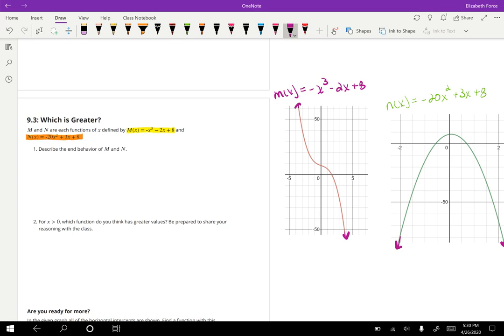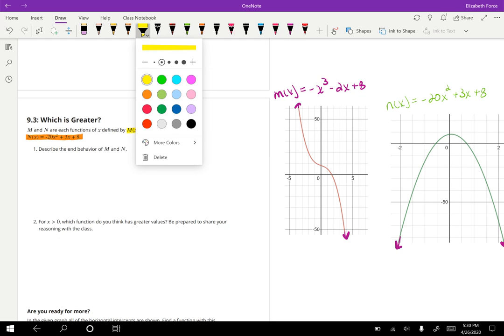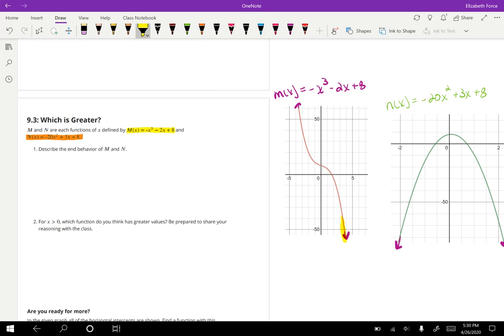So we're just going to describe the end behavior. I'm focusing solely on the end behaviors. So here's the end of this graph, and here's the end of this graph. Remember in 9.2, we want to look at the quadrant that these end behaviors are falling in.